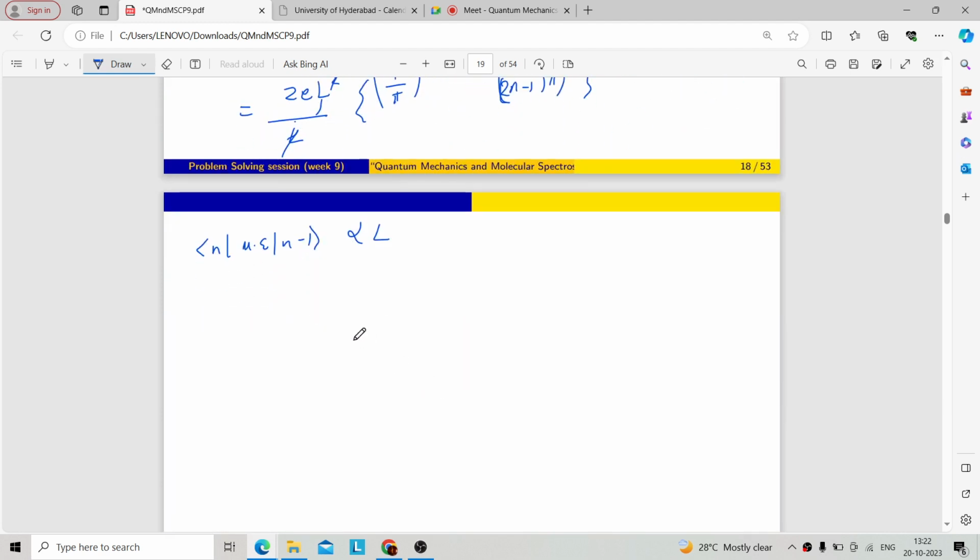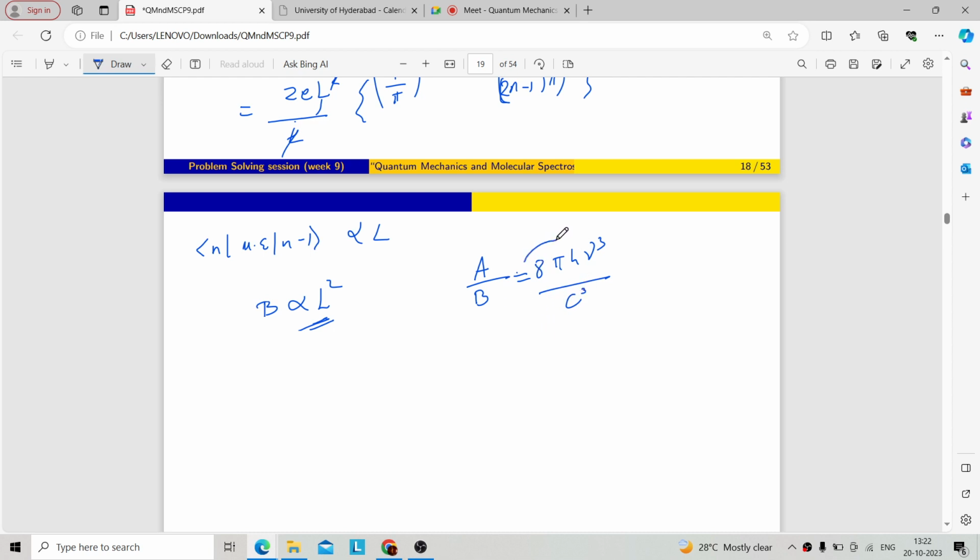So B will be proportional to L square. We don't need the exact form, we need the relation. So from this we can apply the formula A over B equal to 8 pi h nu cube over c cube.